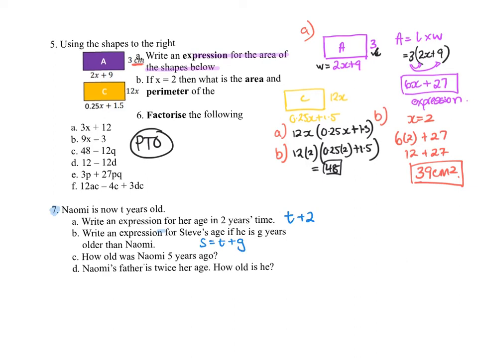How old was Naomi 5 years ago? So Naomi would have been whatever she is now minus 5. So T minus 5. And Naomi's father is twice her age. How old is he? So the father equals 2 times Naomi, which is T.